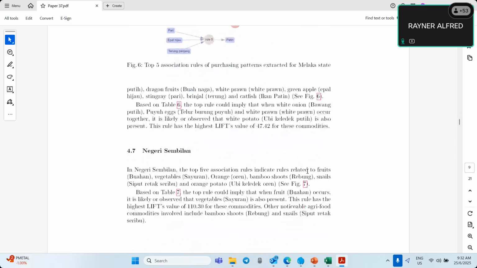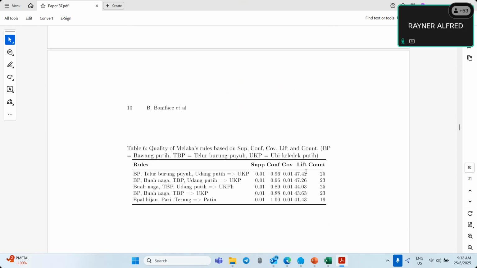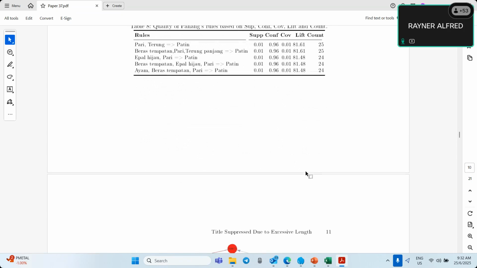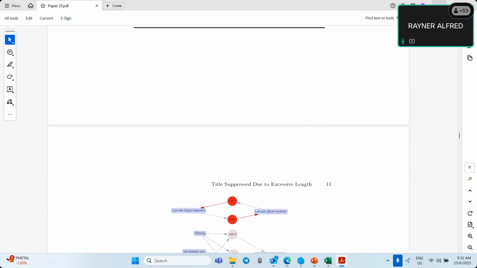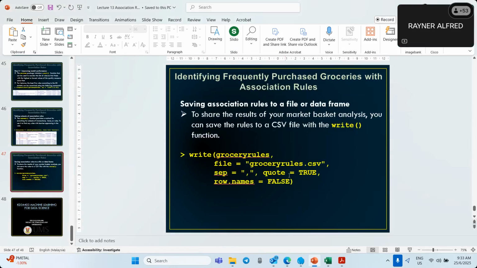These are two of the papers that we have produced for analyzing market basket analysis for the whole of Malaysia. For your information, the grant that we have from this amounts up to 10 million.